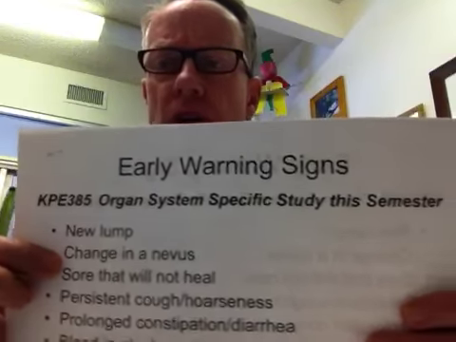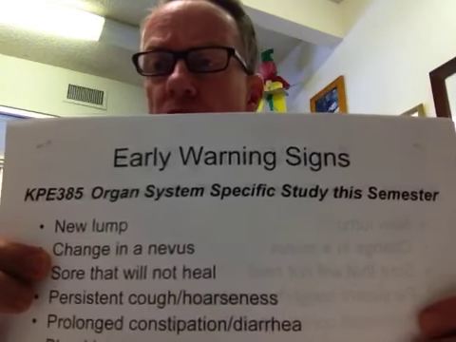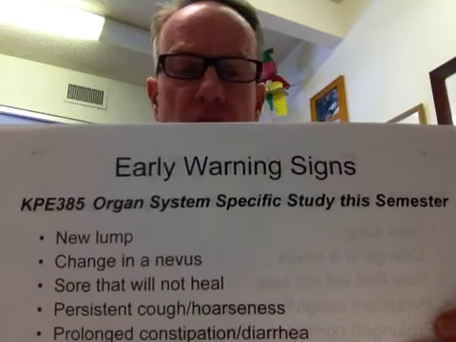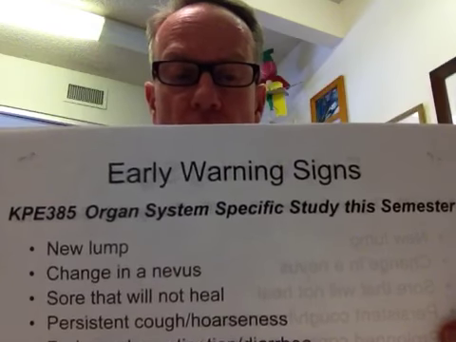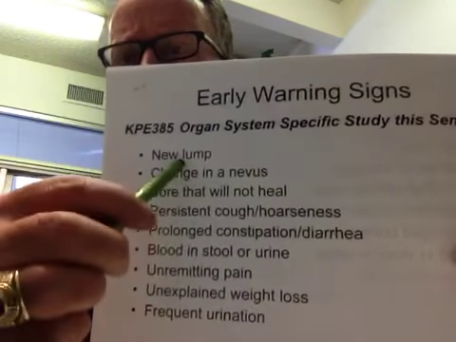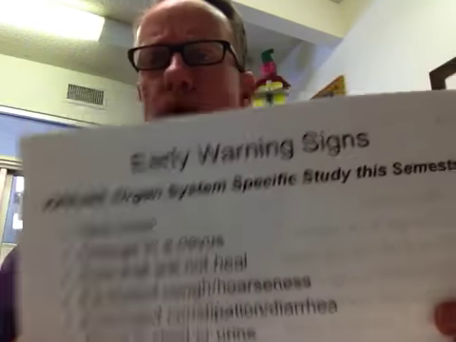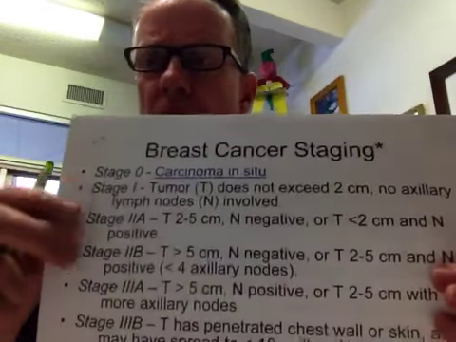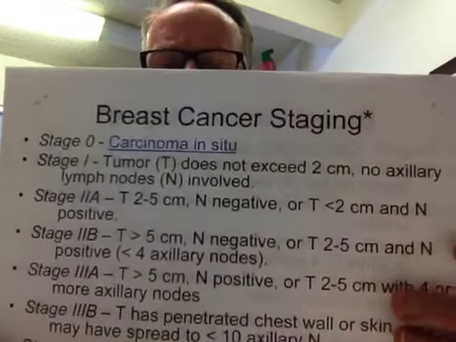When we get to dermatology, we'll talk about changes in nevus. A nevus is a beauty mark or a mole. And then persisting through these, we'll touch on all of these in the various organ systems, and you can check those out.